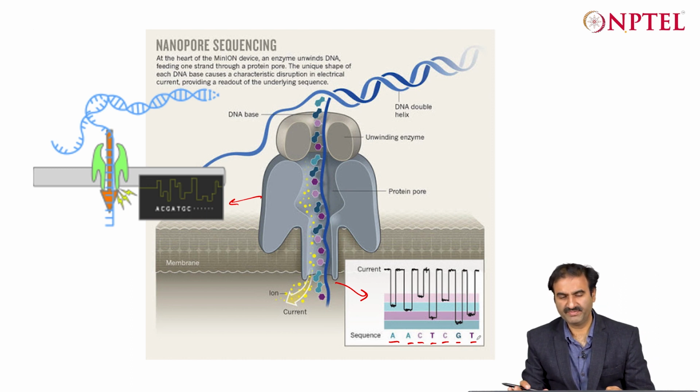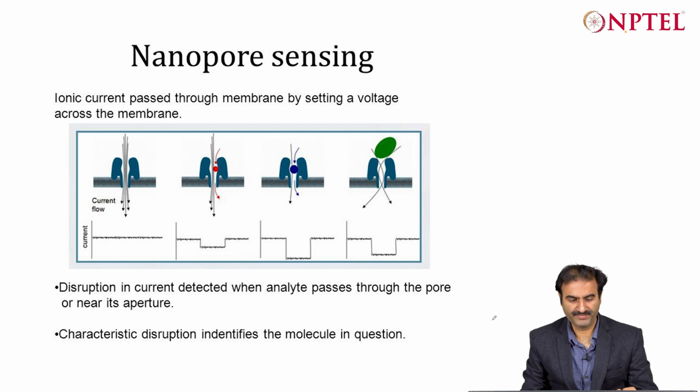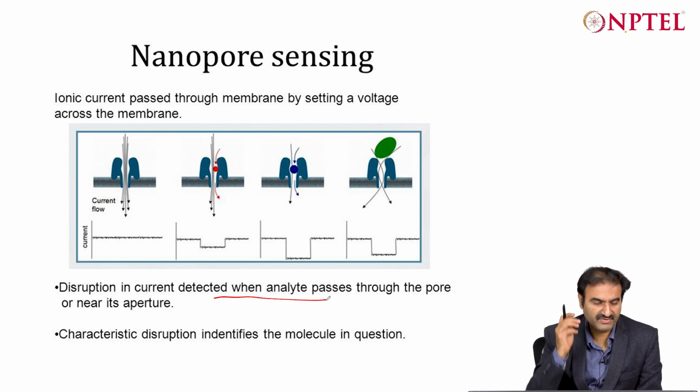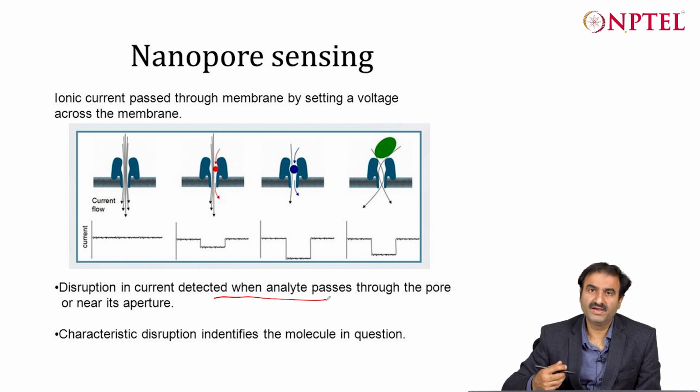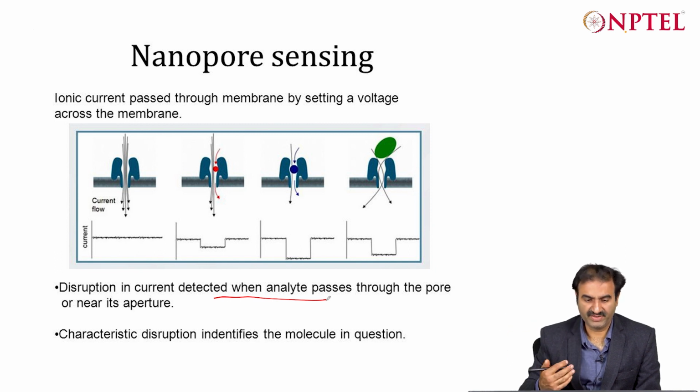Because of this mechanism there may be chances of errors, because you have to detect the current accurately, although their technology is improving and errors are going down. Here is another picture of the same thing: the disruption of the current detected when an analyte passes, and the analyte here is the A, T, G, C, which are part of the single stranded DNA passing through.